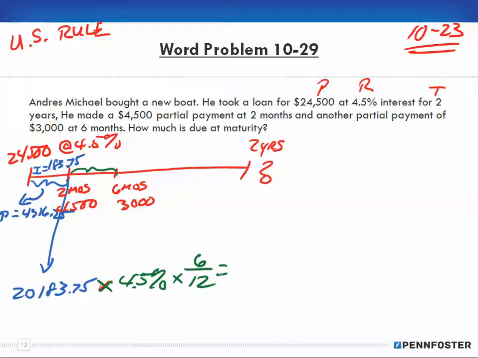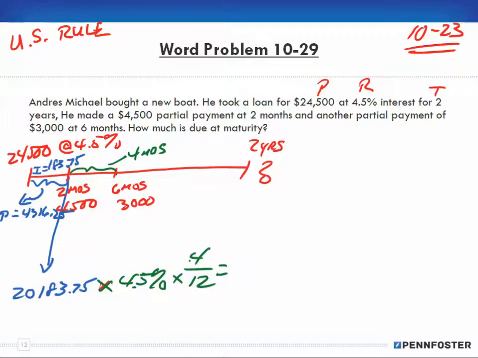Oops, I'm sorry, not 6 months. It's only for 4 months. Let me get my eraser. I made a mistake there. The reason it's 4 months is that he made a payment at 2 months and another at 6 months. If he made a payment at 2 and 6, the time frame there is only 4 months. So it's 4 over 12.